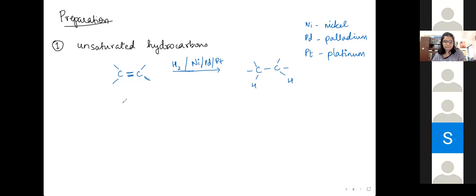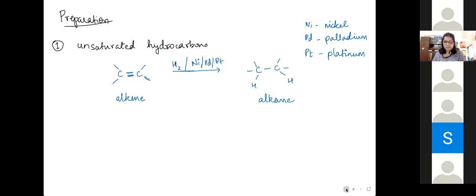So we just need to add hydrogen. It's a hydrocarbon, right? You can add either carbon or hydrogen only. In place of the double bond, you add hydrogens and make it all a single bond.